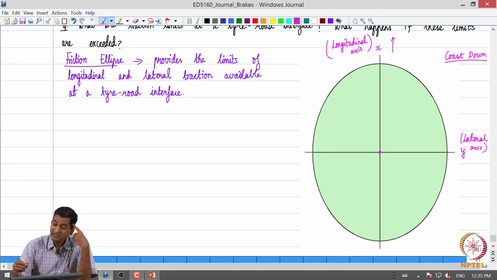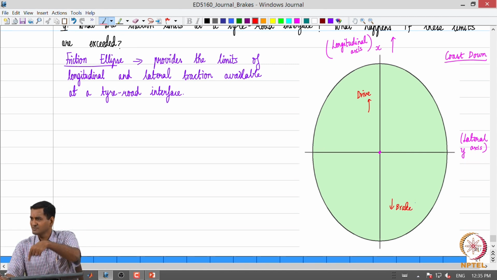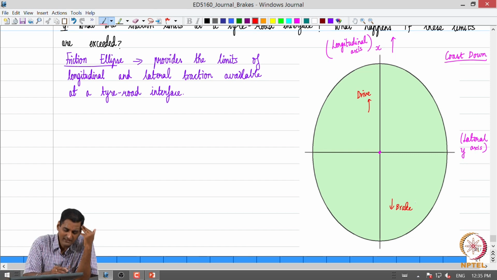Now, if you look at the axes themselves, this positive x axis corresponds to drive and this negative x axis corresponds to braking, depending on the sign of the force that is developed. With that understanding, let us go forward.